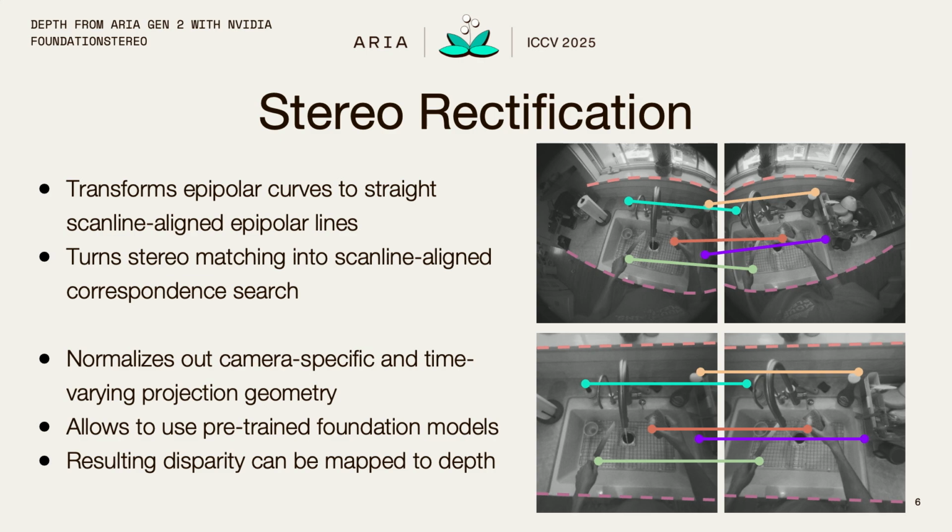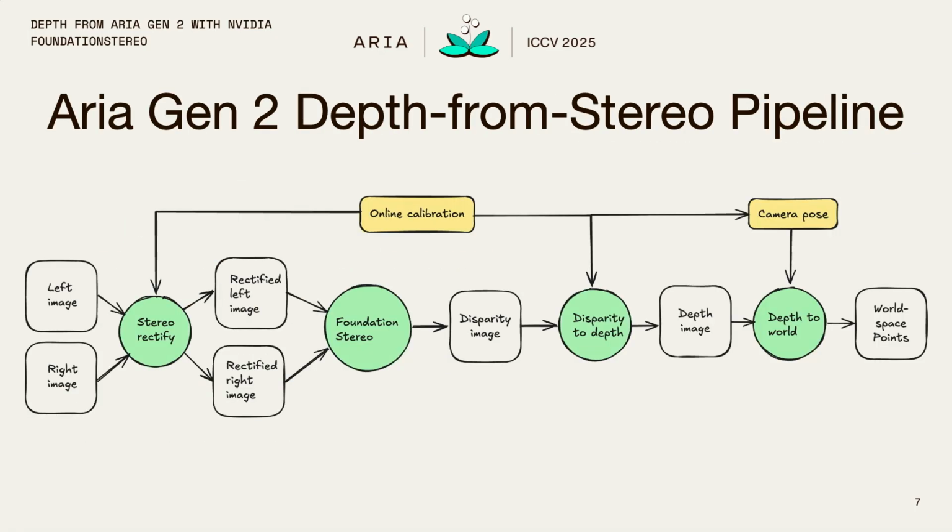Time-varying because the glasses may bend. And this is what allows us to use the foundation models that are pre-trained without specific adaptations to the data that we have from Aria glasses. Then we can use the data from the rectification to also map it back to depth, and then finally go back to 3D world space data.